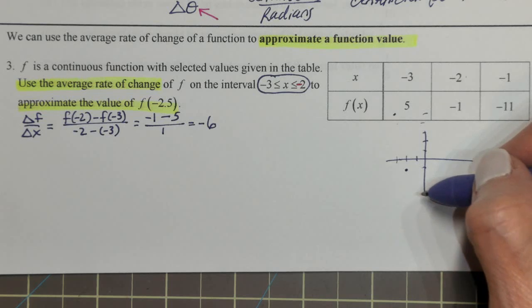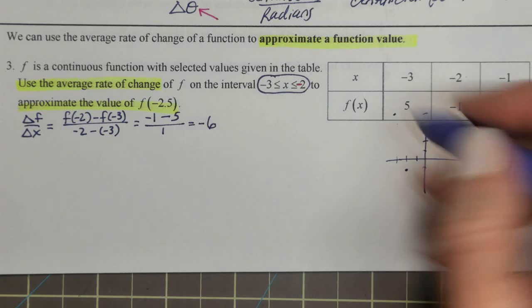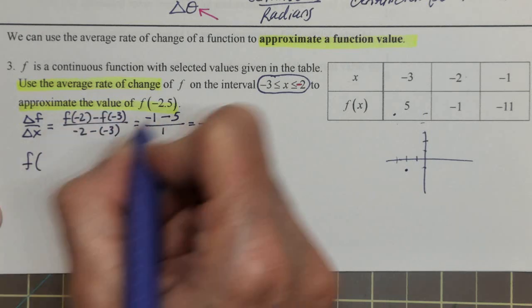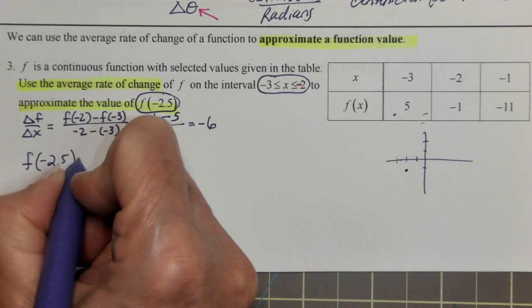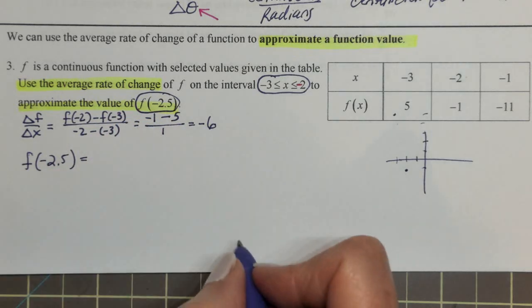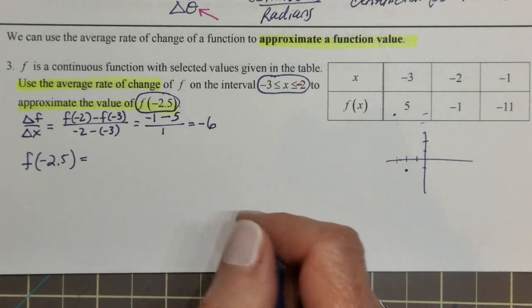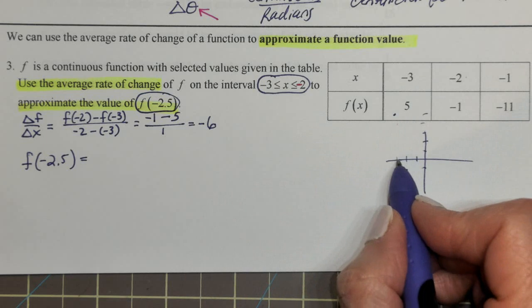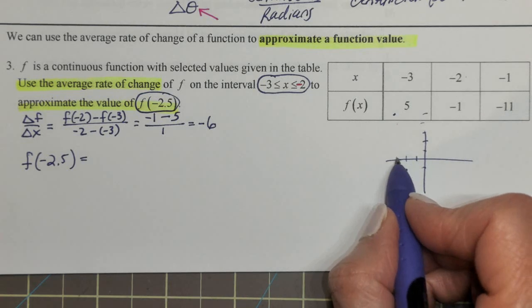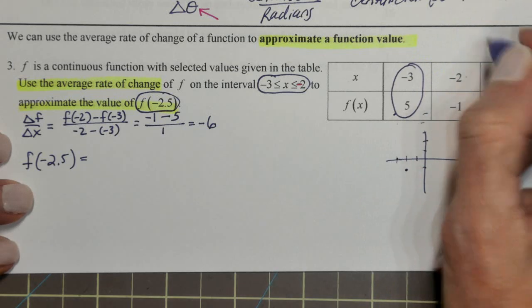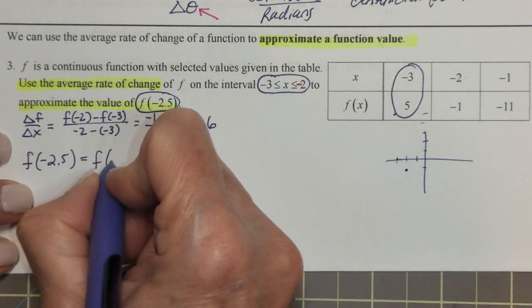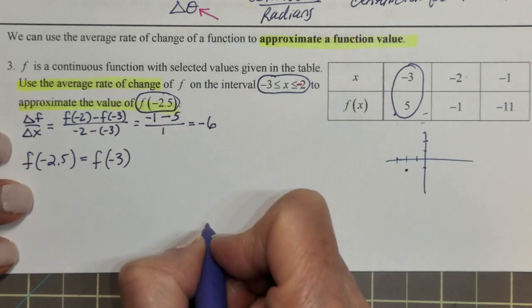So here's how we do that. What am I looking for? I'm looking for f of -2.5. I'm going to start at my lower x value point. So I'm starting when x is -3.